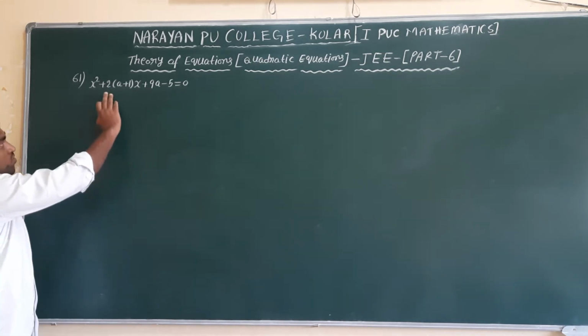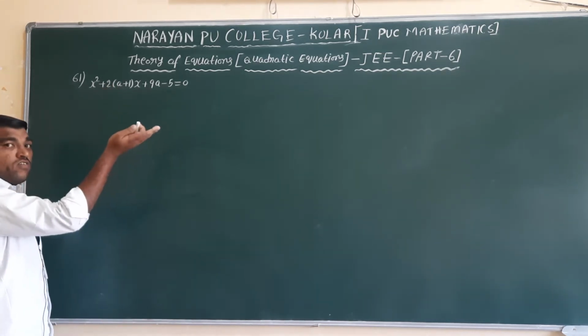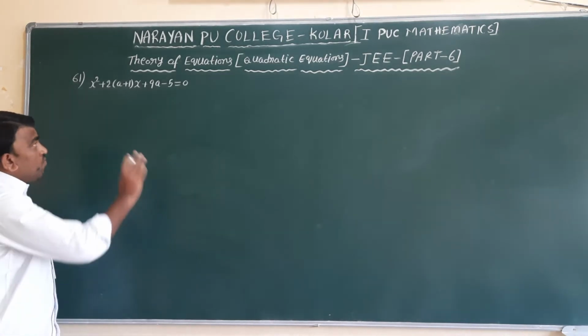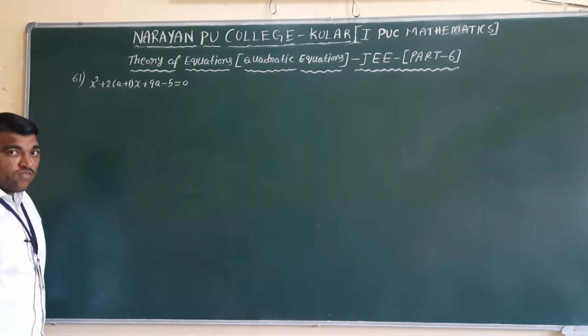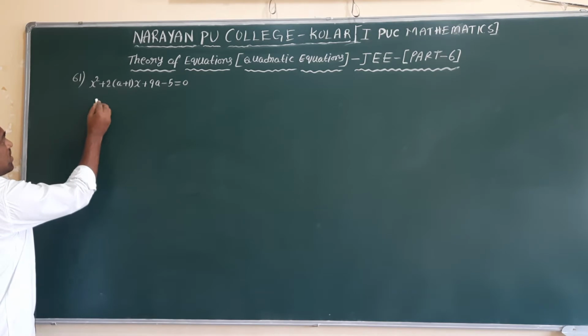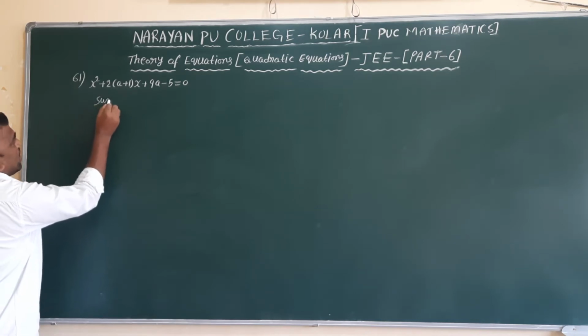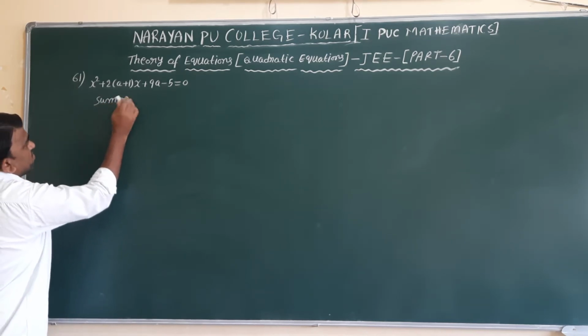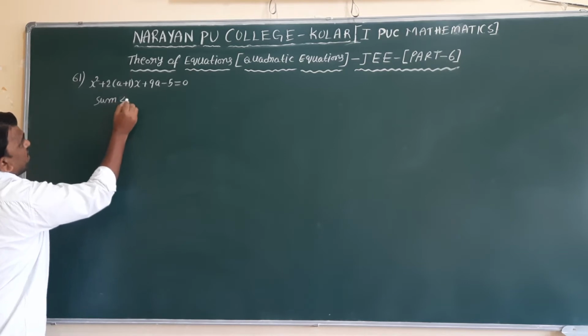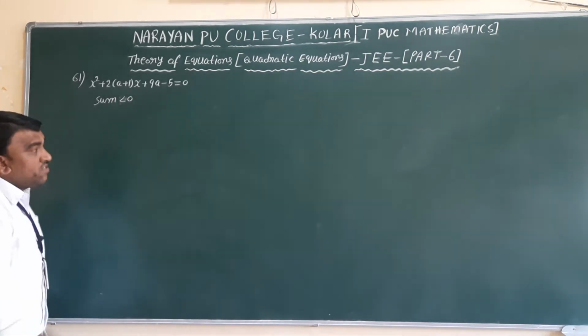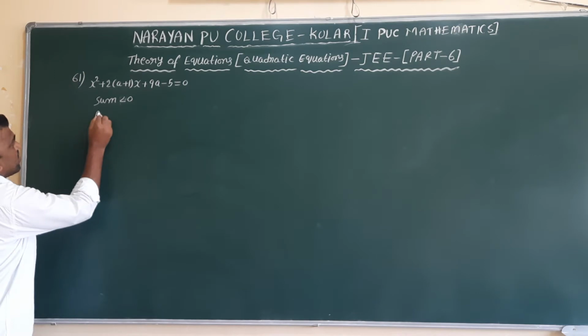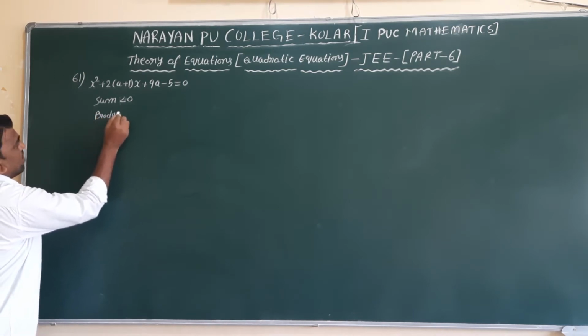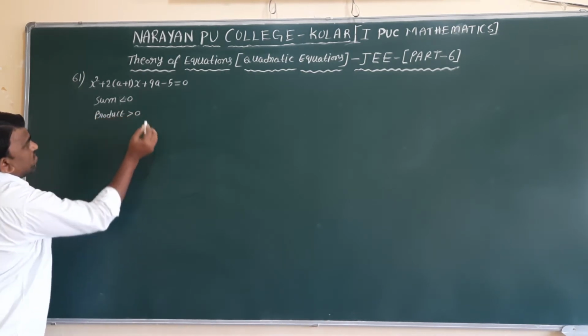Suppose both roots are negative, then the sum of the roots is compulsorily less than 0, and the product is greater than 0.